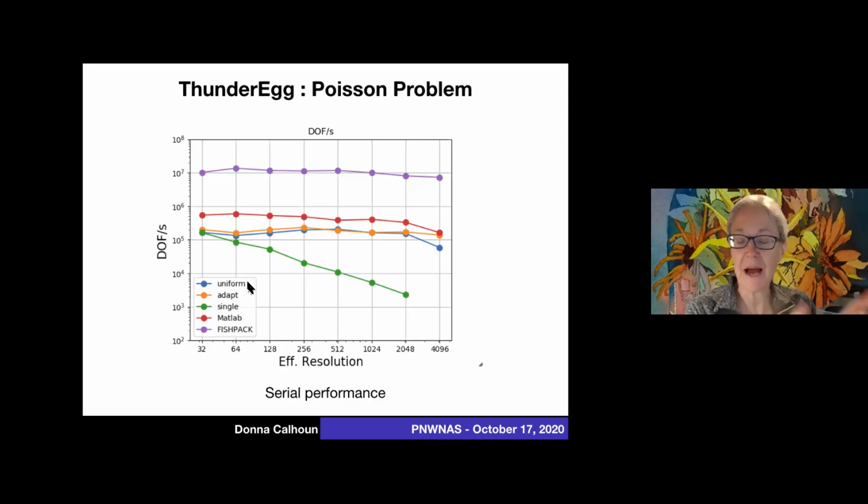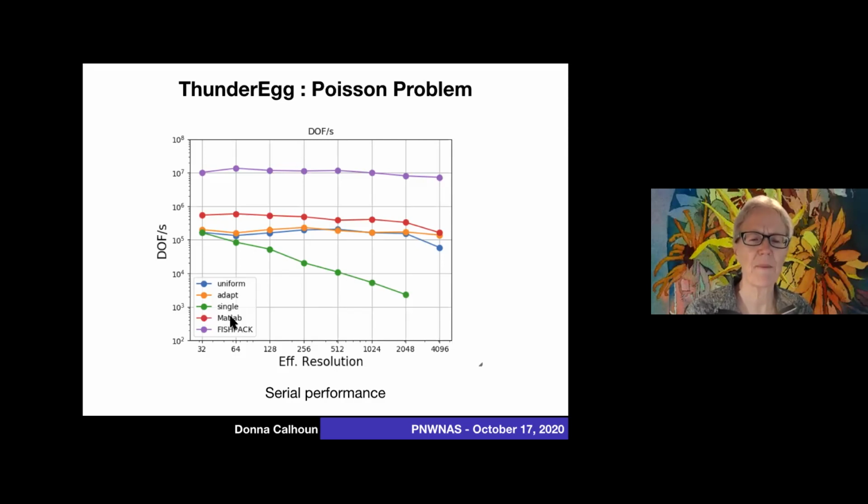Then there's the adaptive version, which I showed you pictures of. There's what we call single. Single in this case would be, instead of solving on a quadtree mesh with multiple leaves, we just don't allow any refinement, but simply increase the resolution of a single grid. So these first 3 solvers are the ThunderEgg solver I just talked about. This red one here is MATLAB's LU solver, and I believe it was using UMFPACK.